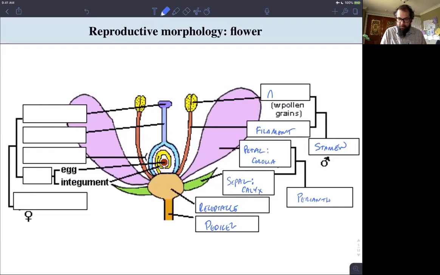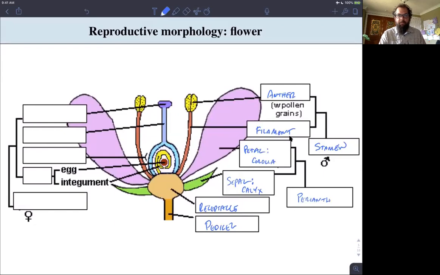And what the stalk is holding up is the anther. And so the anther is this oftentimes yellow piece to the stamen, which inside of it is the pollen grains. So the pollen grains are inside. So these are really the sporangia, where the male gametophytes are formed. And we'll go through the reproductive life cycle and all of the pieces of this, but the pollen grains are going to be inside of the anther.